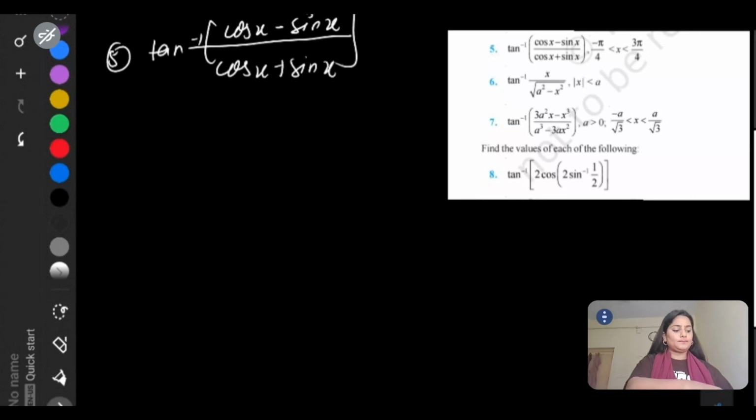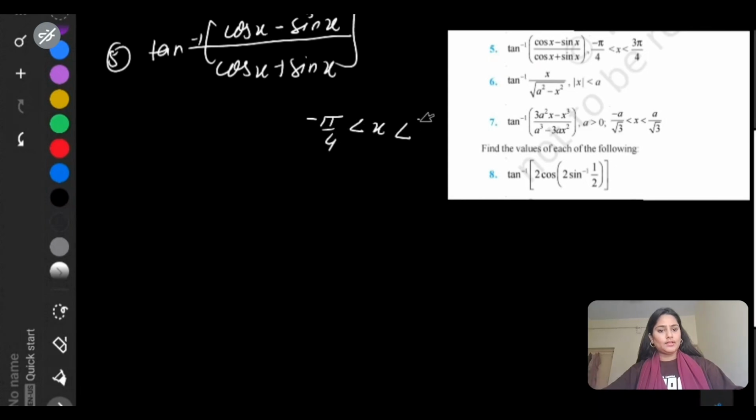So this is the question. And the full question says x belongs to the interval greater than minus pi by 4 and less than pi by 4. Here you can see the question as well. Okay, now let us solve step by step.